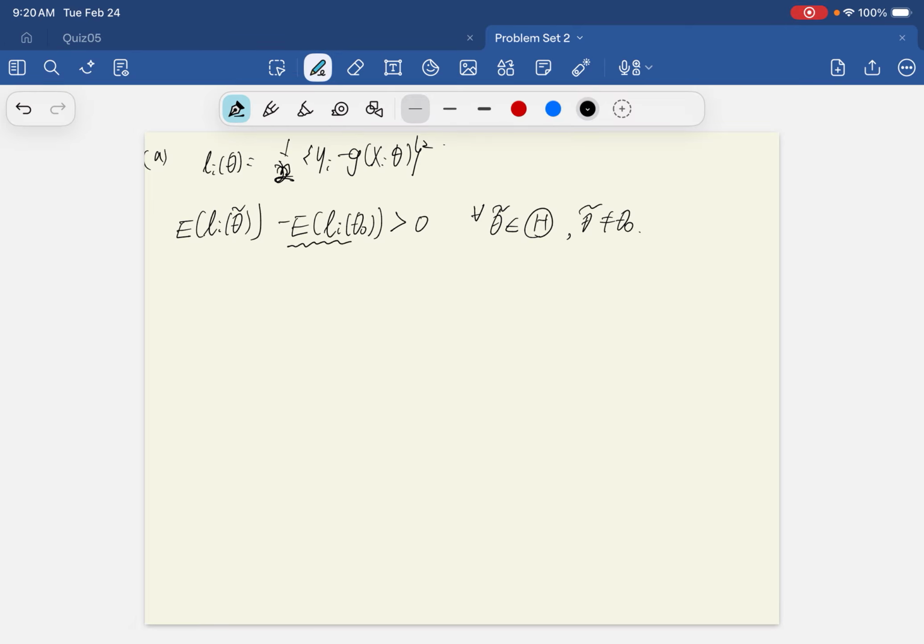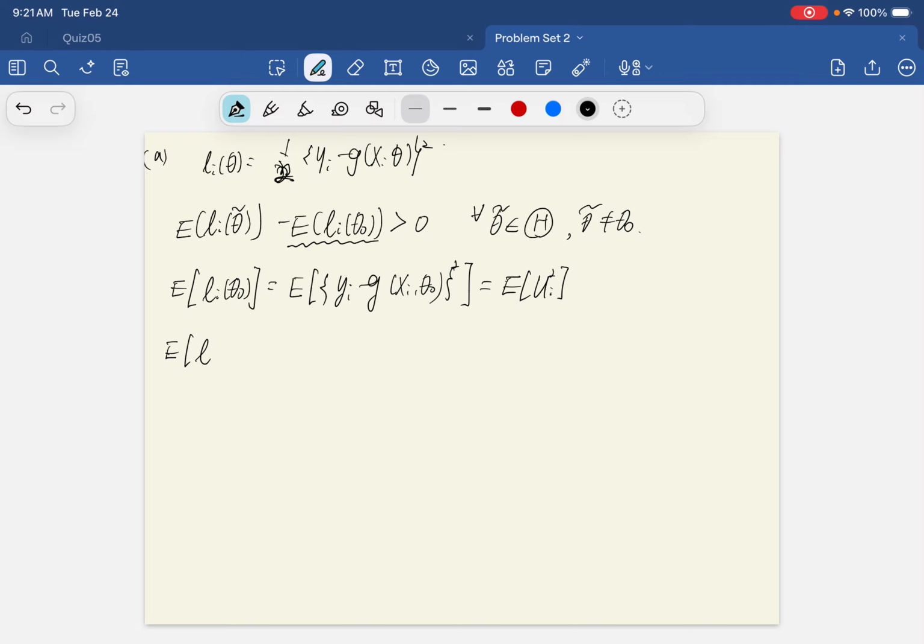First, the expected value of L(theta 0), let me drop 1 over 2, that's not important here, is (yi minus g(xi, theta 0)) squared. That can be written simply as u squared, right?